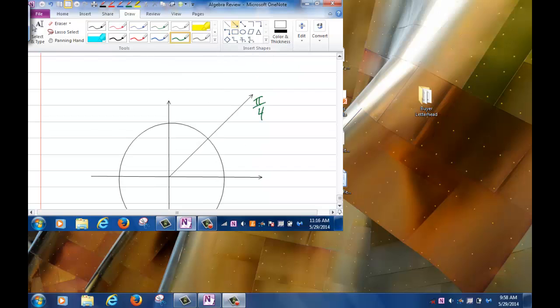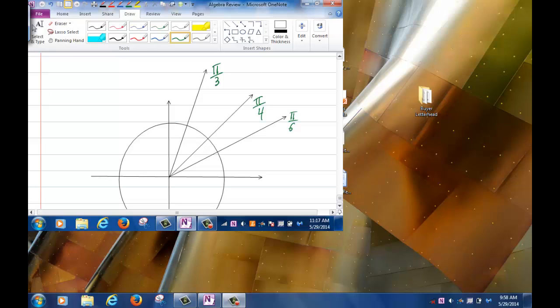And then I need pi over 6, which would be 30 degrees, right? So let's say this is pi over 6. I know it might be a bad scale, but that's okay. And then this would be pi over 3, which is 60 degrees, right?